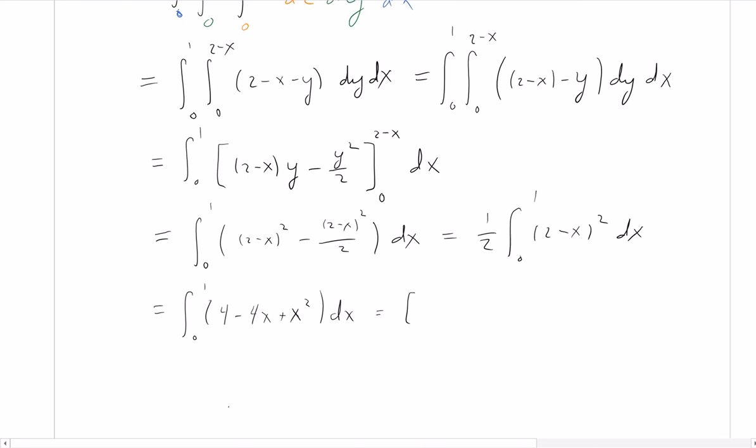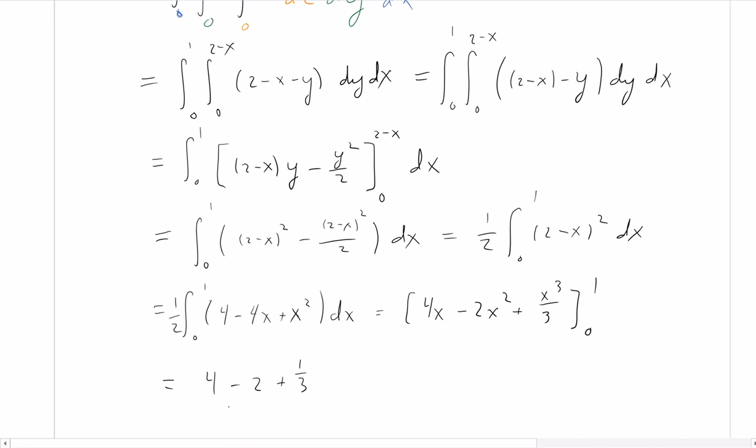So taking the antiderivative, we get 4x minus 2x squared plus x cubed over 3 from 0 to 1. So we have 4 minus 2 plus 1/3. Oops.